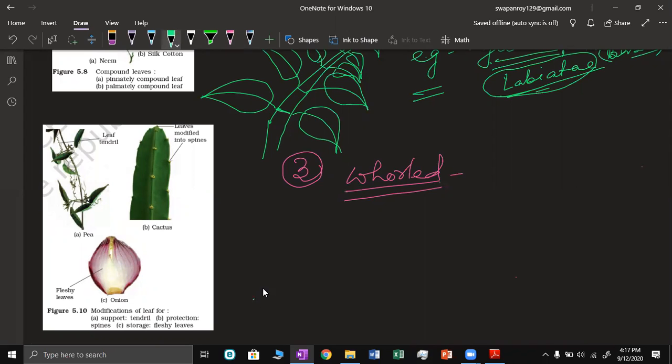If this is the stem axis, at each node there are more than two leaves. In opposite, two leaves. In case of whorl, there are more than two leaves, that is, three or more.